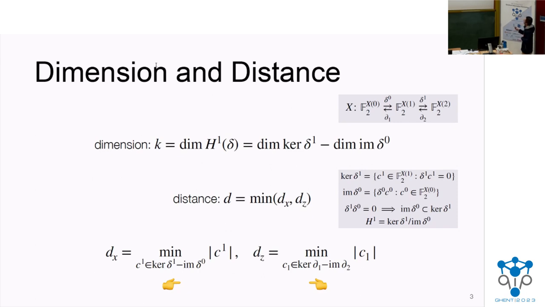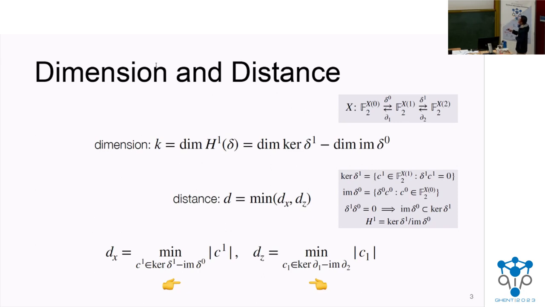From there you can consider the quotient of the two vector spaces, which is defined as the homology. In fact, the first talk on Monday also used this language of homology. The dimension is the dimension of this homology, which characterizes how many qubits you can store in this system.